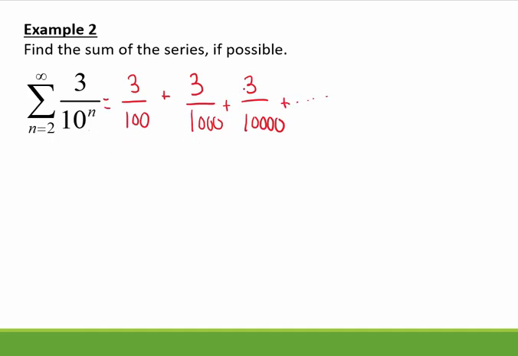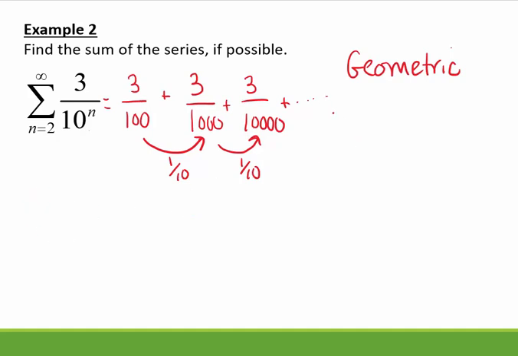Notice how these numbers keep getting smaller. What am I multiplying by? I'm multiplying by 1/10. So this is what we call a geometric series, where I'm multiplying by a common ratio.